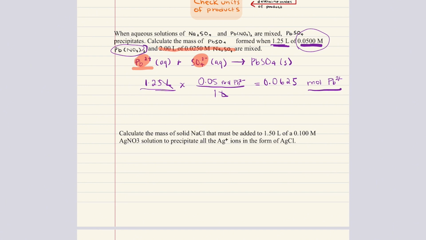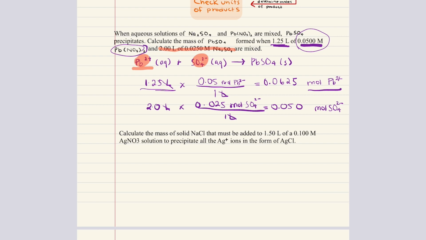So we're going to do the same thing to figure out the moles of sulfate. So we set this up, all right, and notice how liters cancel out. We're going to get our answer in moles of sulfate. Beautiful. If you plug this into a calculator, what we're going to get is 0.05 moles of sulfate. So now we have moles of lead and moles of sulfate.